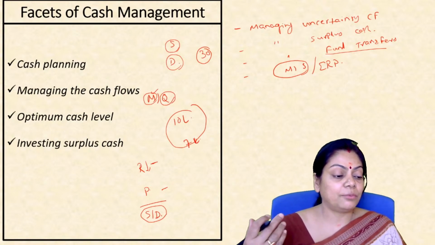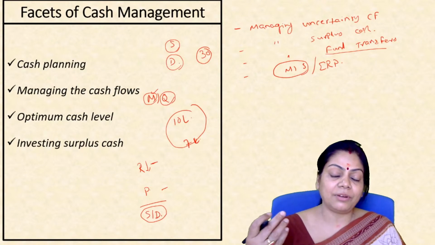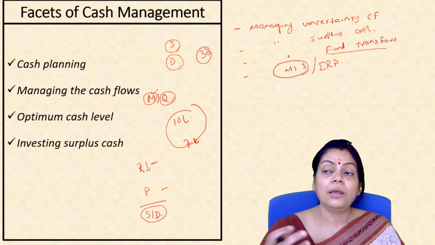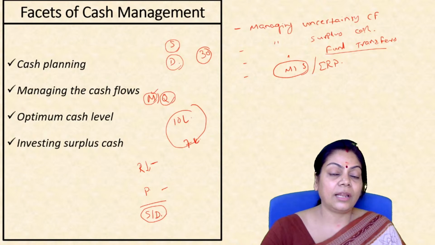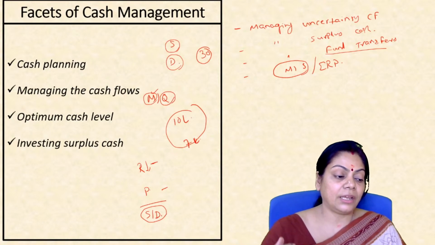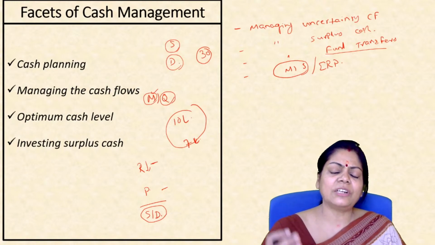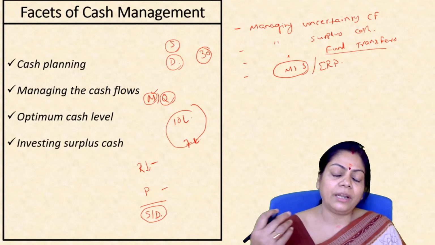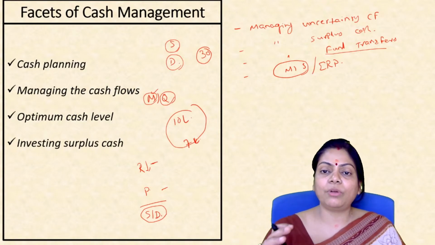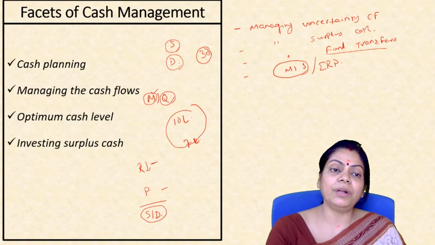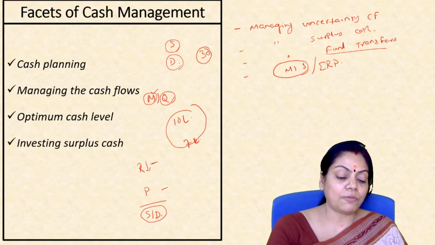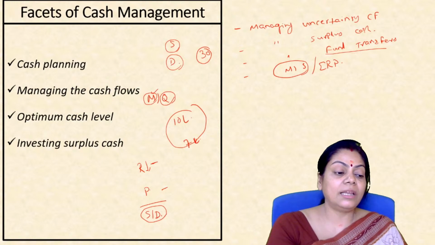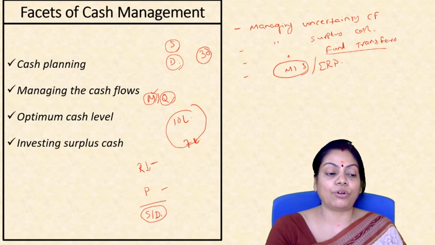You can have several items, like payment of salaries and wages, overhead expenses, your minimum cash balance, how much you want to keep, and various kinds of financial entries, designed as per your requirement, so that you keep track of the daily cash flow in your organization.